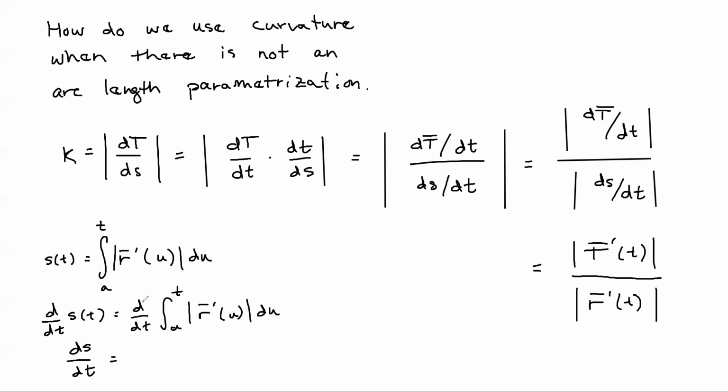On the other side, when you have the derivative and an integral back to back, by the fundamental theorem of calculus these two cancel and we end up with the length of r prime. You do have to change the variable here, because the t is in the bounds. This is a function, so you plug in the t. And so we end up with ds dt equals the length of r prime, and that's where it comes from.